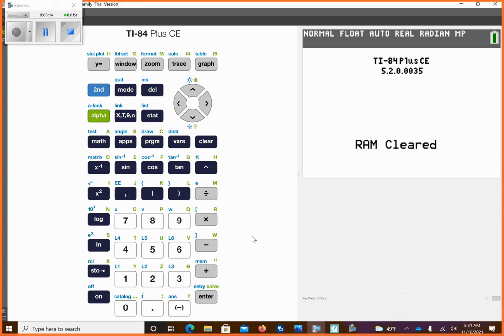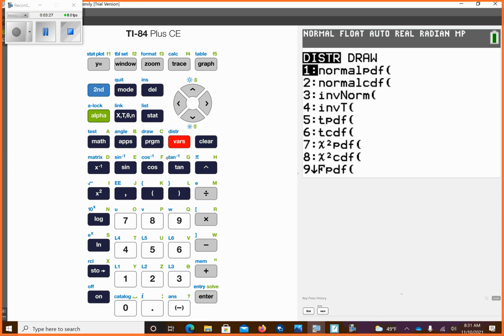Second, vars goes to distribution, and then you're going to look for Normalcdf, which is the number 2 spot.